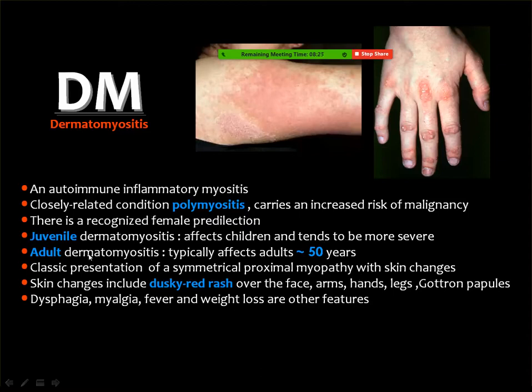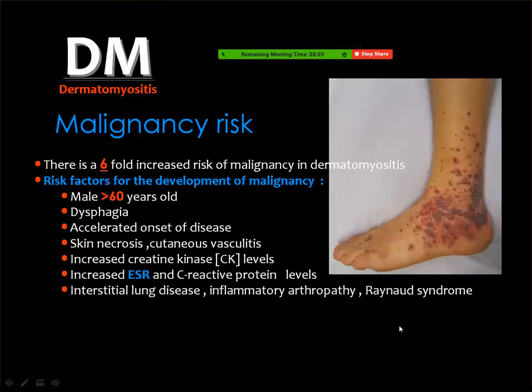There are two types, the juvenile type, which is seen in children, and the adult type, which is seen in patients around the age of 50. And this is the classic appearance of the skin, which looks dusky red with rashes, and in the X-rays, you have extensive subcutaneous calcification.